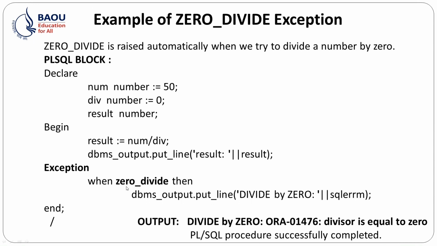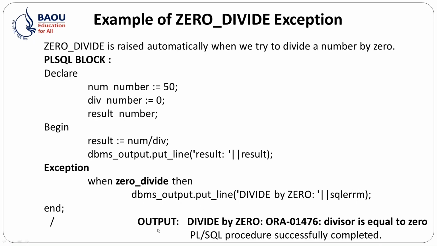When ZERO_DIVIDE, meaning this type of exception is generated, then it will display divide by 0 and the error message SQLERRM. It will generate the error message.